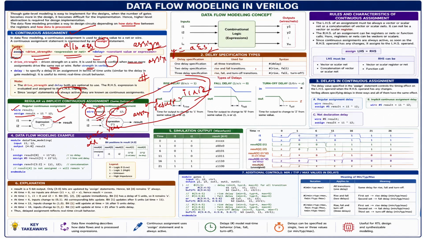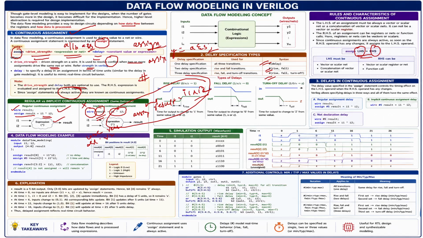How am I representing the delays: hash delay, rise time delay, fall time delay. The previous slide only we have explained all these things. In these continuous type of assignments, we have some delays. In this assignment statement, we have an RHS side and an LHS side.